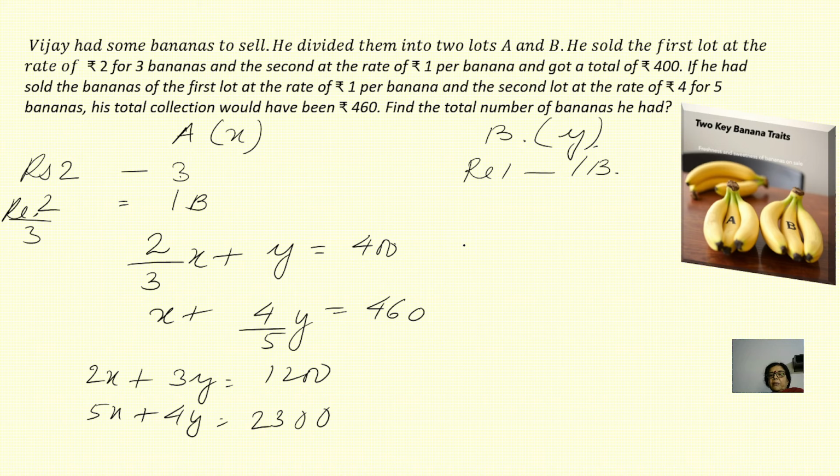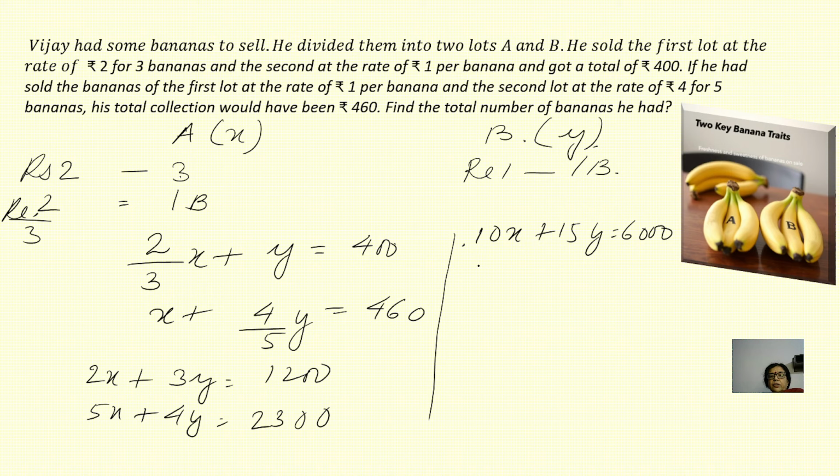Now we can take any method that suits us. I'm taking the method of elimination. So let's multiply the first equation by 5. We'll get 10x plus 15y is equal to 6000.